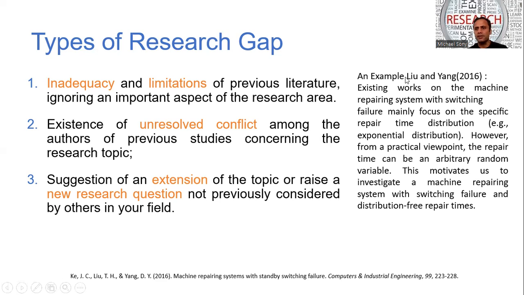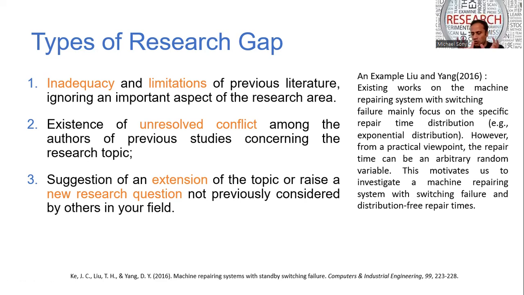In the example here, you can see that this is from the research paper by Liu and Yang, and the title of the study is Machine Repairing Systems with Standby Switching Failures. They argue that existing works on the machine repairing system with switching failures mainly focus on specific repair time distributions.